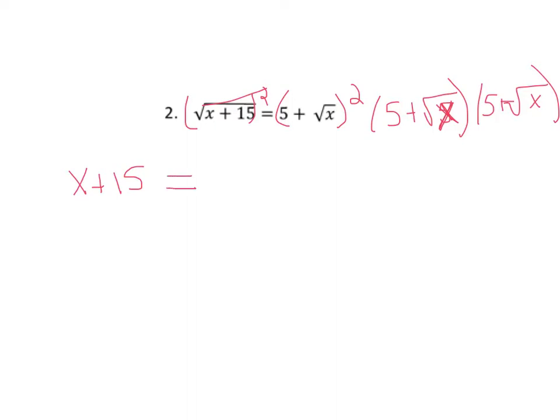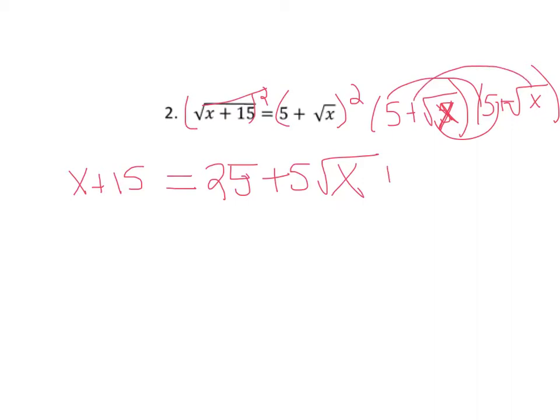So I'm actually going to get 5 times 5, which is 25. And then I get positive 5 square roots of x. And then I get another plus 5 square roots of x.